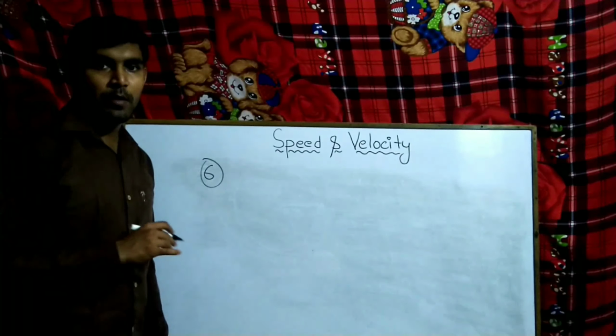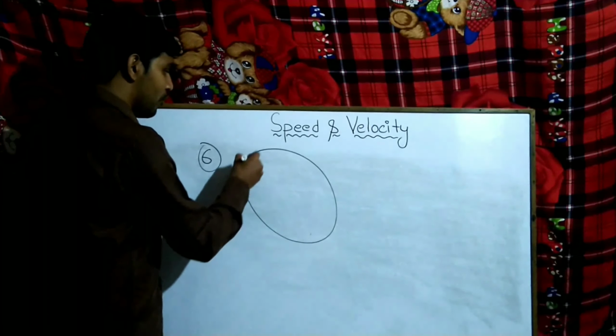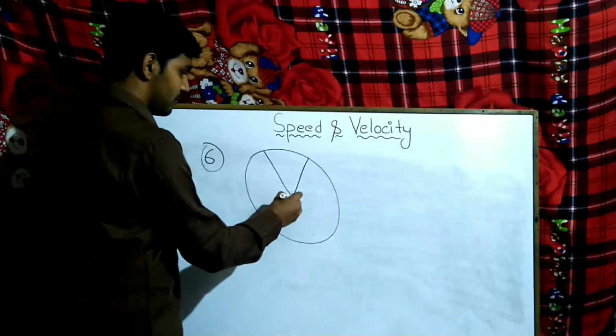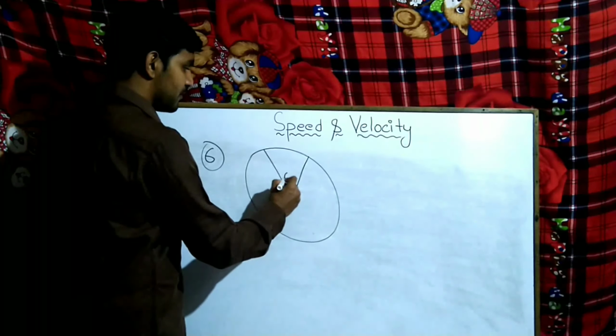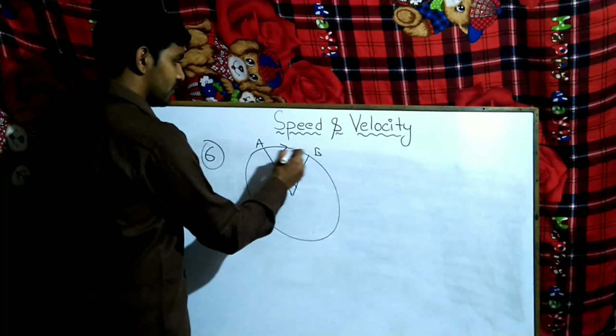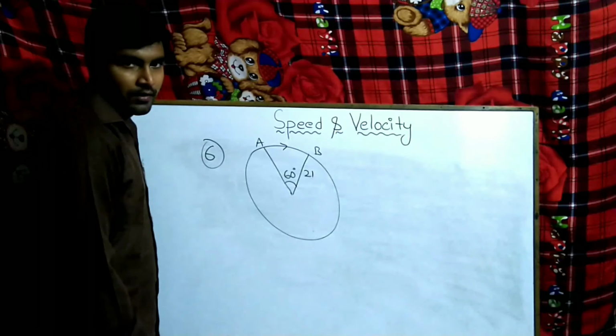Say, in the sixth problem, a body is moving in a circle from A to B, making an angle of 60 degrees, and the radius is given as 21 meters.